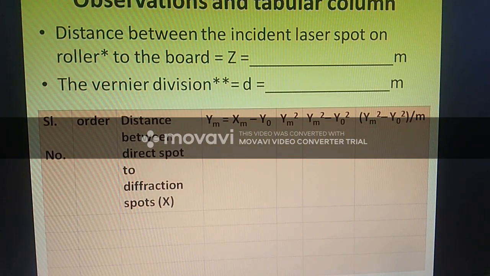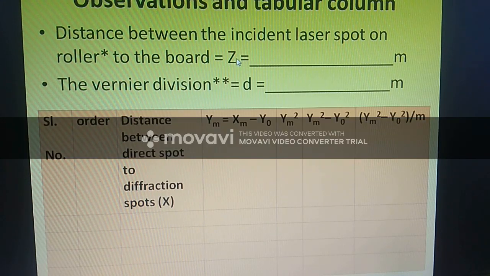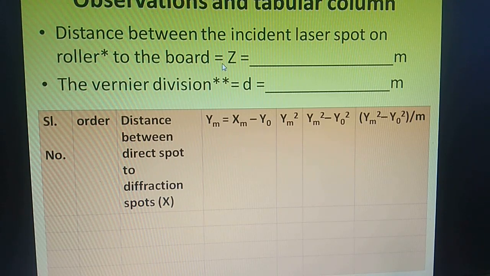Soon after marking the spots on the board, without disturbing the setup, you measure Z. What is Z? It is the distance between the point where the light fell on the graduations, the middle point of that light, and the board.